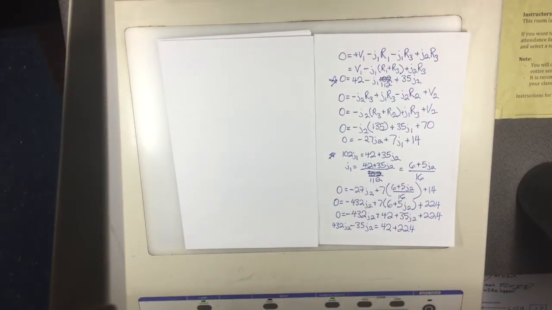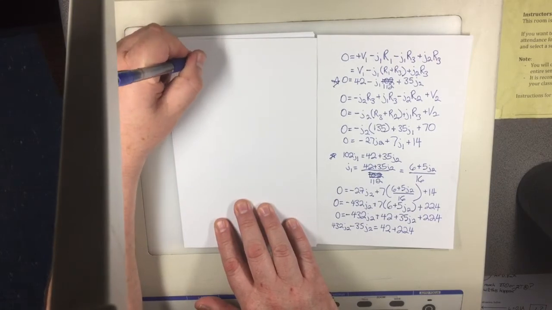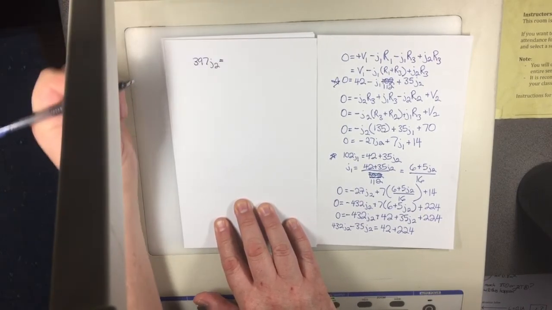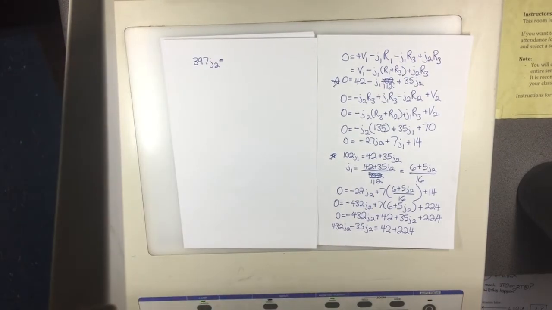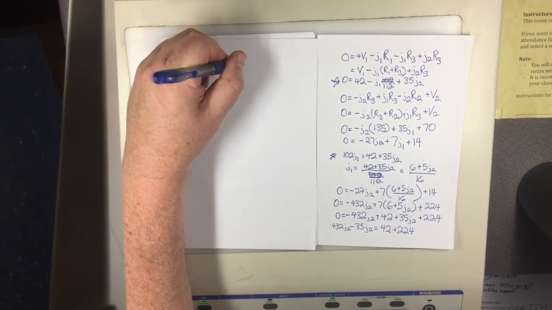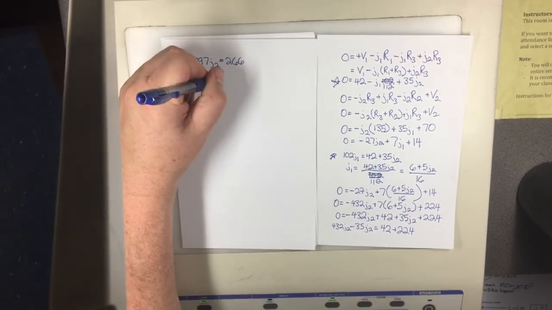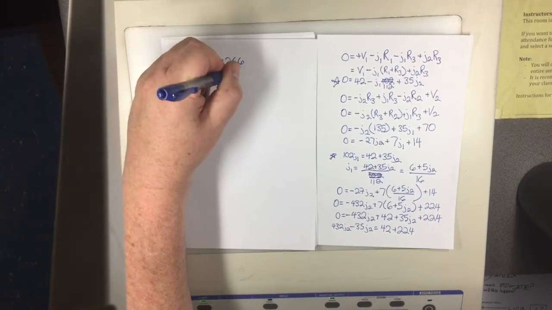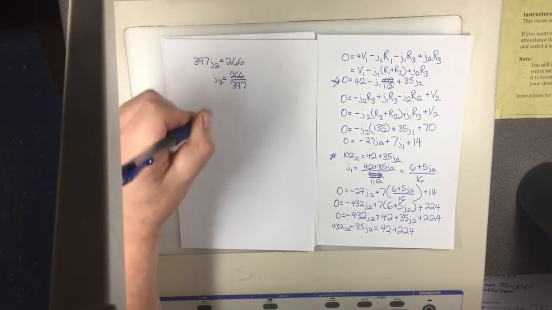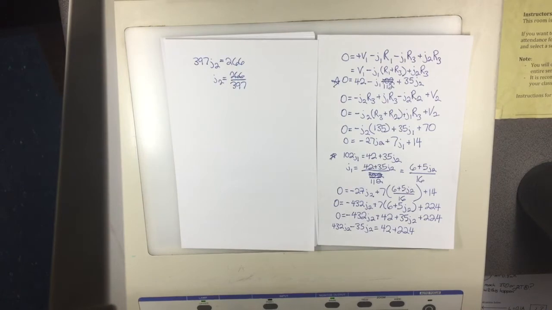This gives me 397 J2. That gives me 266. So J2 is 266 divided by 397, and it's positive.